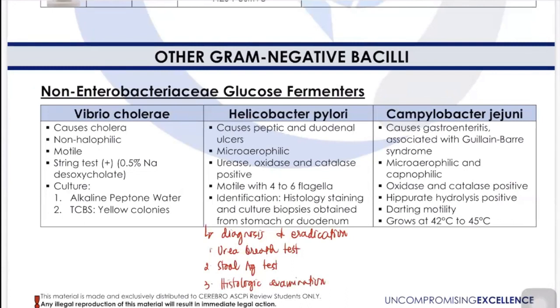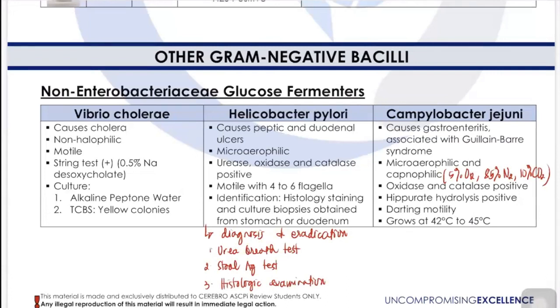Usually it requires 5% oxygen, 85% nitrogen gas, and 10% carbon dioxide. This is the mix, or the specifications, of the optimum environment for the growth of Campylobacter jejuni. This is also one of the causative agents of gastroenteritis because it is an enteric pathogen, and it is also associated with Guillain-Barré syndrome.